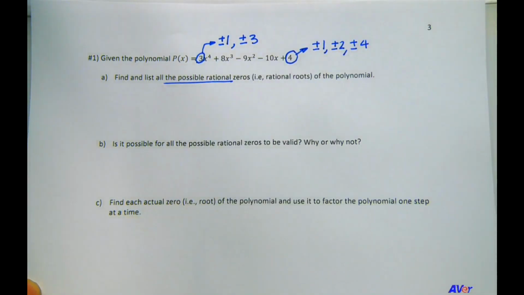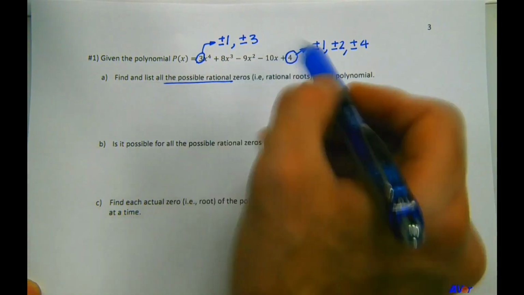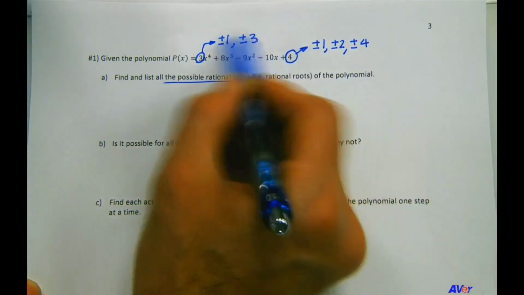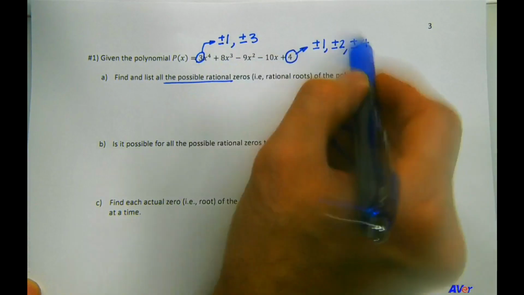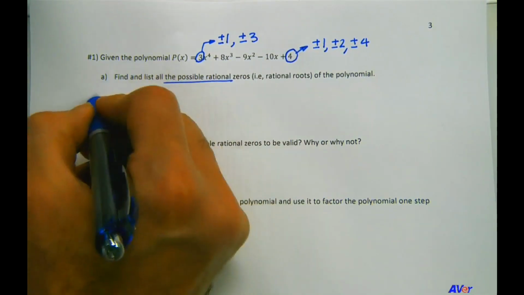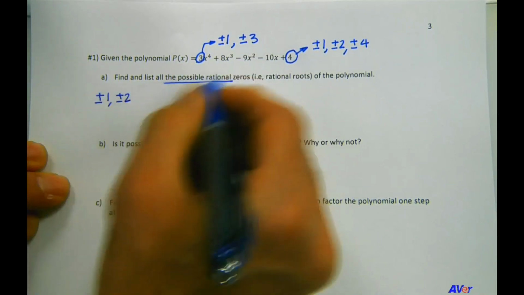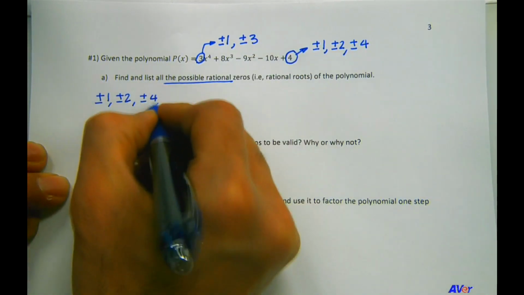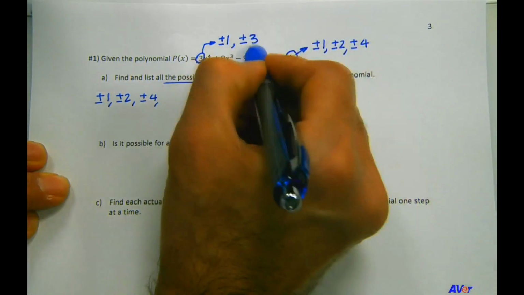So what are the possible rational zeros? We divide these terms by these terms. So we divide all of this by plus or minus 1. We get plus or minus 1, plus or minus 2, plus or minus 4. Are we done? No, because we have to divide all of this by plus or minus 3.